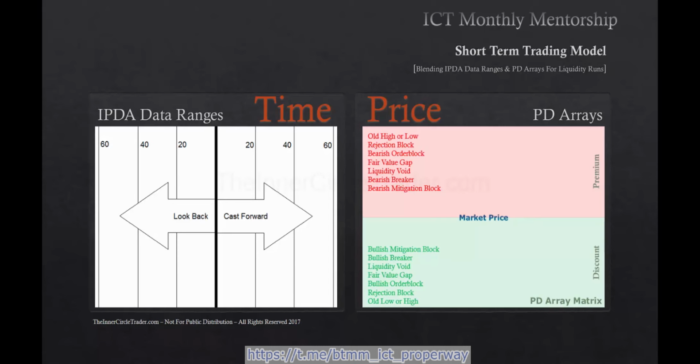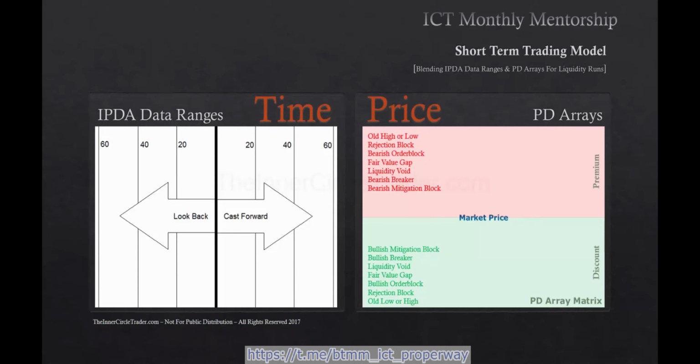So what you're doing is you're looking back over the last 20 days, and you're looking to see, above us in terms of the market price, what would be deemed a premium market. In the last 20 days, which PD array exists in price action. Looking back 20 days, which discount PD array exists below us.